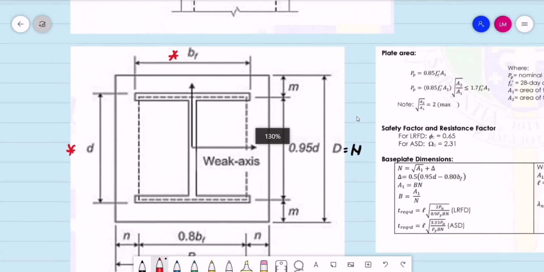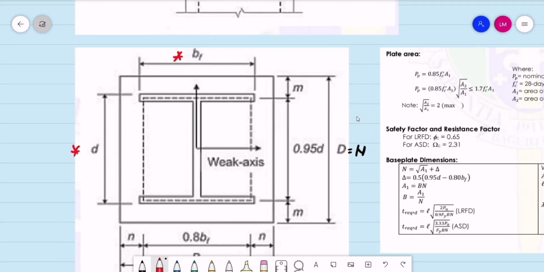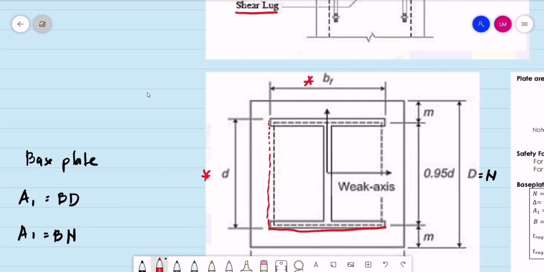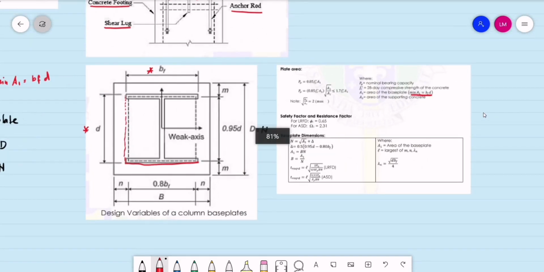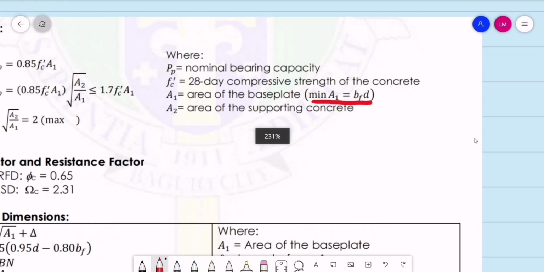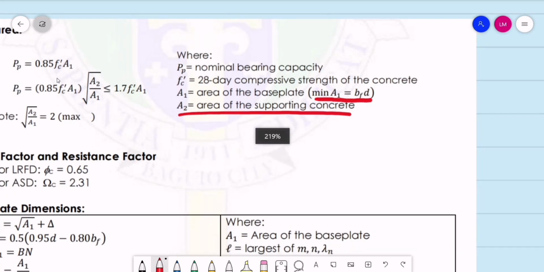For the cases where the dimension of the base plate is only equal to the depth of the flange multiplied by the width of the flange, the required minimum area 1 is simply B sub F times the d. Then we have area 2, that is the area of the supporting concrete or the area of the concrete pedestal.